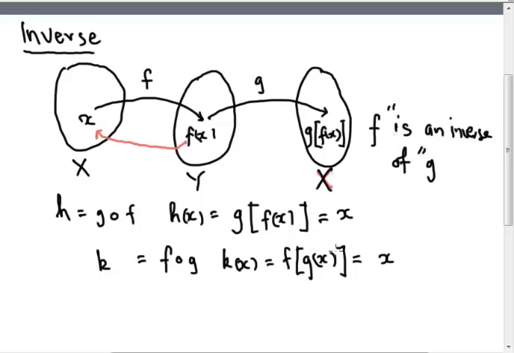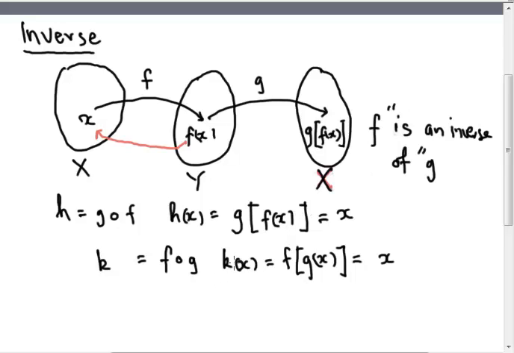Altogether, f is an inverse of g. And the relationship here is a two-way relationship. You are my cousin, I say to you cousin, you say to me cousin. So if f is an inverse of g, g is an inverse of f.